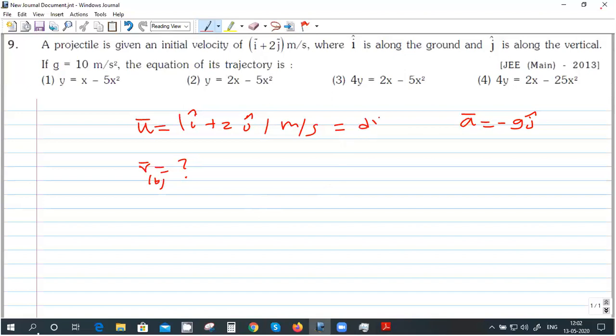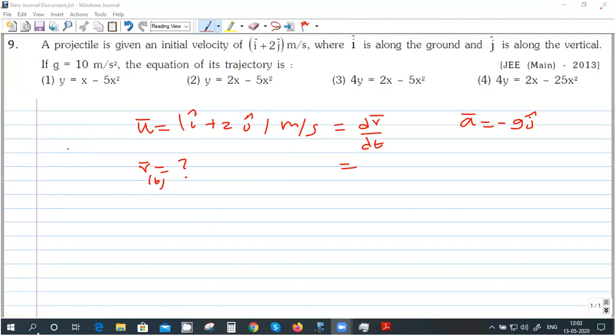So acceleration is dv by dt. Sorry, velocity is dr by dt, right? And how are you proceeding? Okay, the basic thing is you have to find r, no?